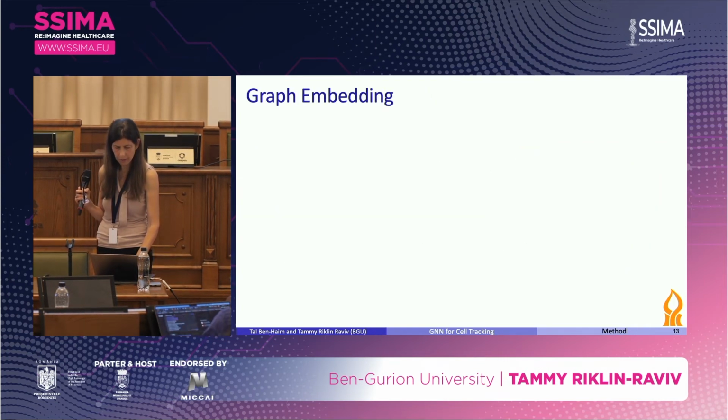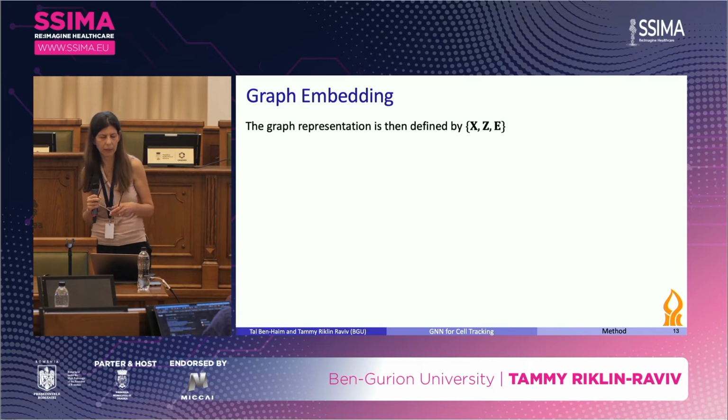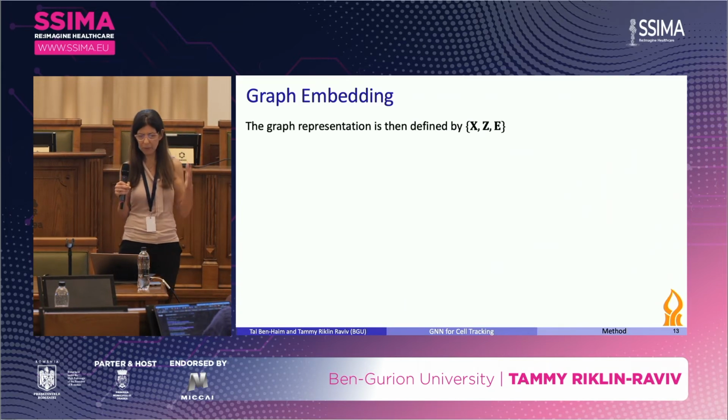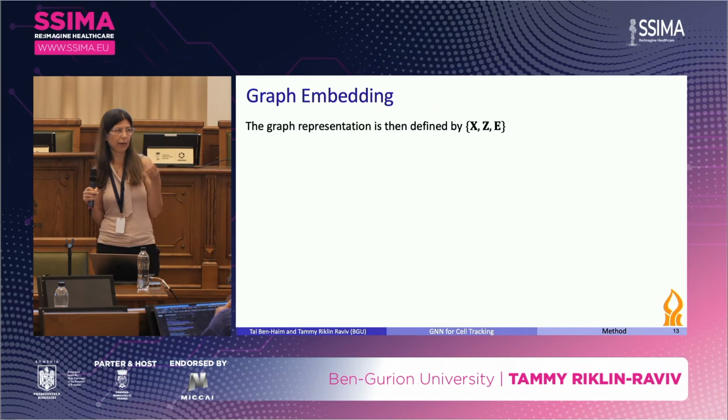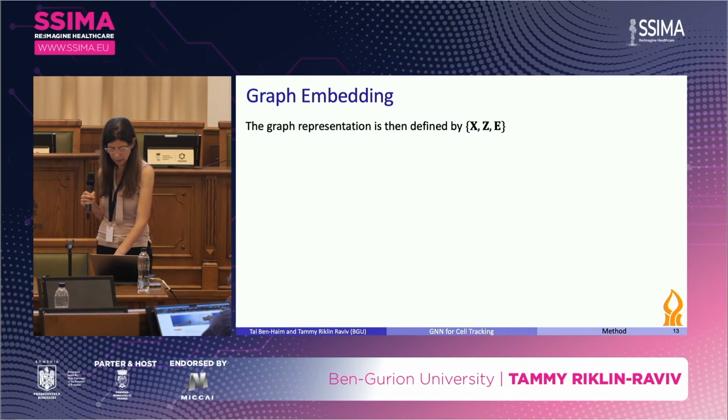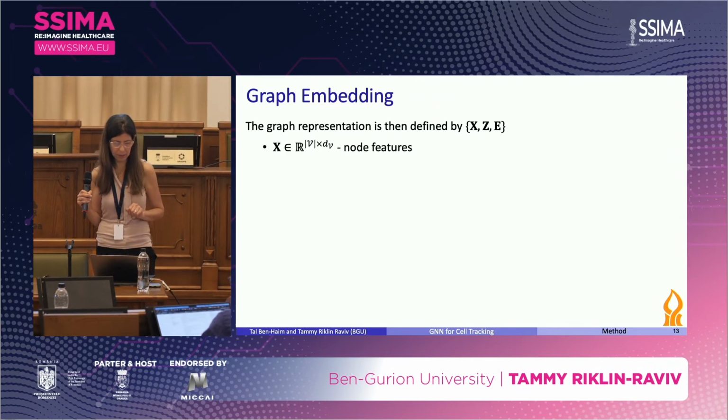Okay, so let's have a look now at the embedding. The graph representation is defined by X, Z, and E. These are 3 matrices. X is the node feature matrix, and you can see it has the size of V by the number of node features.